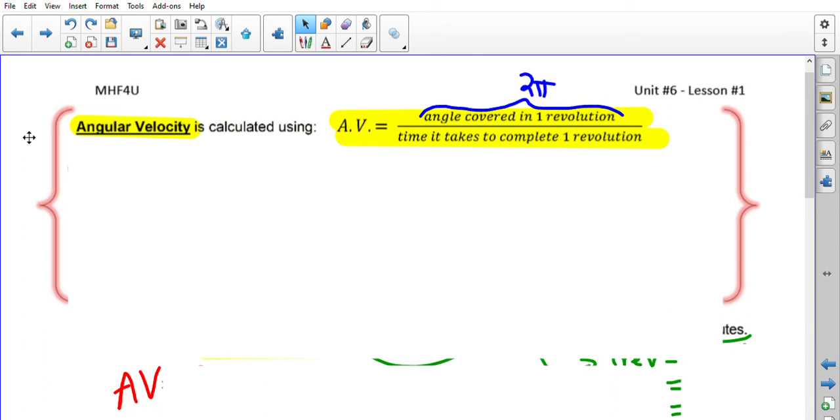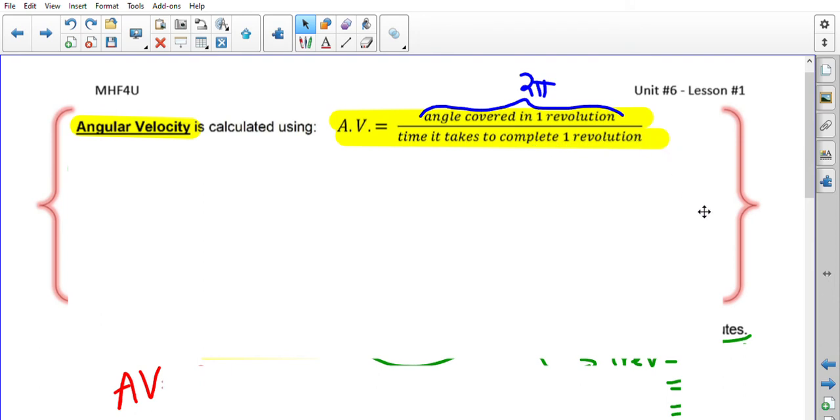Okay, so angular velocity, short form AV. That is asking, what is the ratio between the angle covered in one revolution divided by the time it takes to complete one revolution?